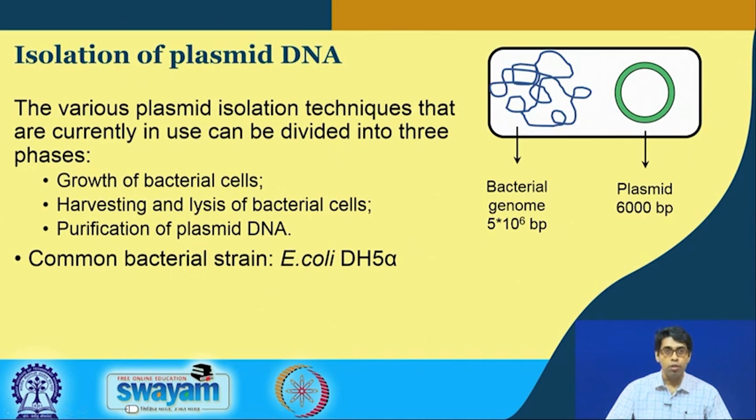In that case we used BL21DE3 because we wanted to make protein, and there are certain characteristics of that particular strain which are conducive for overexpression of the protein of interest, so that we make more of our protein and then purify it from that strain. So, for proteins we use BL21DE3, and for plasmid DNA we use the DH5 alpha E. coli strain.